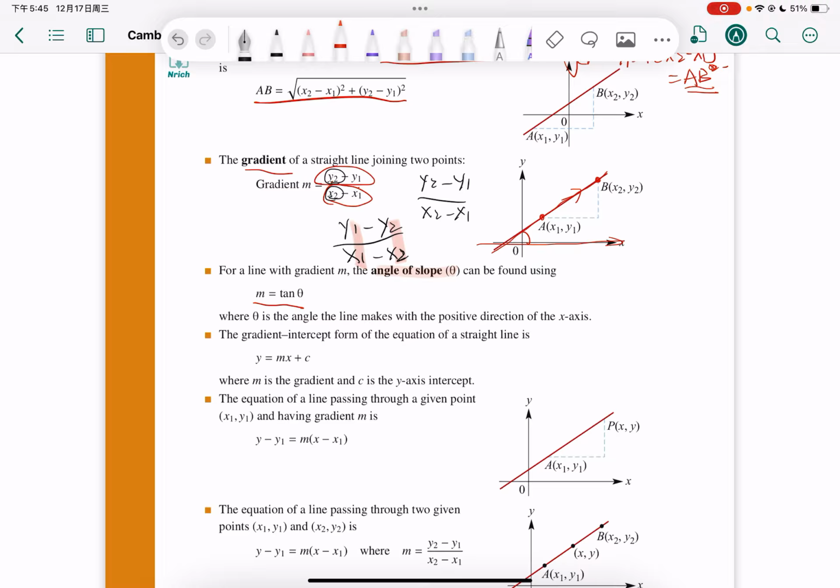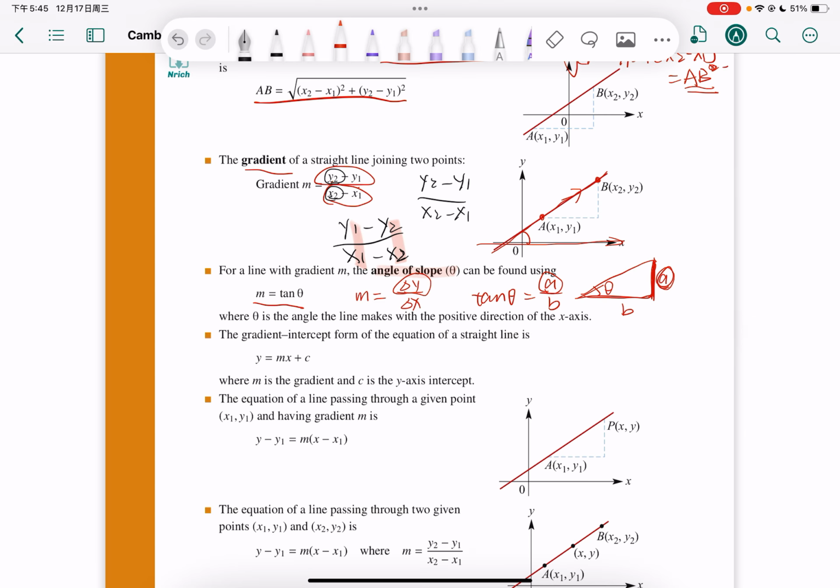We already know that m is defined by delta y on delta x. And in a triangle, tangent theta is also defined by this side, let's say side A, on side B. So tangent theta is equal to A on B. In this case, A is just delta y, because the change in y represents the vertical side.